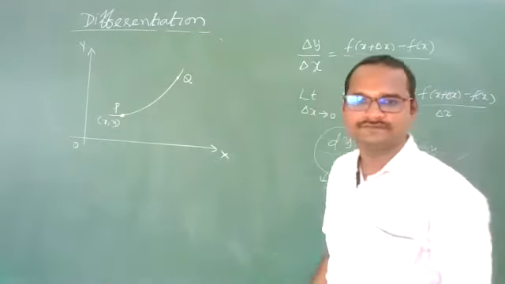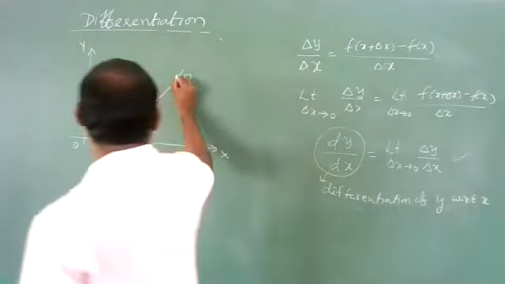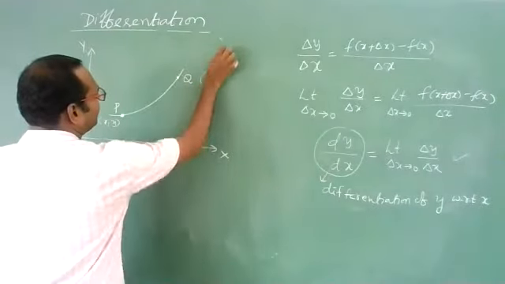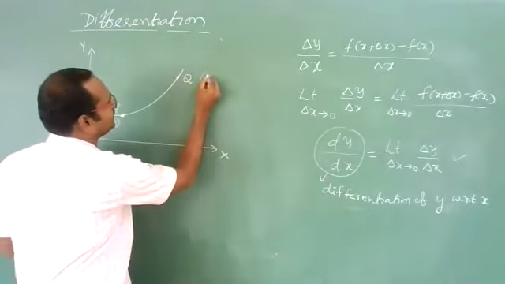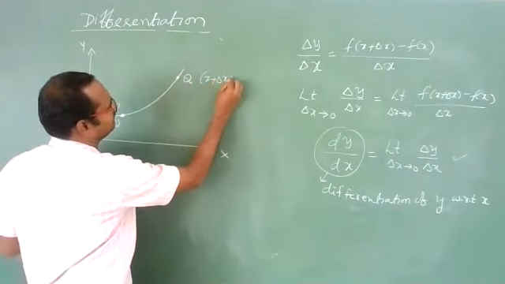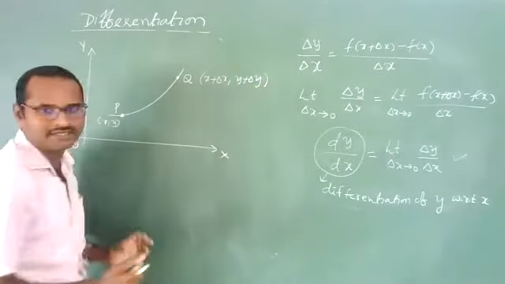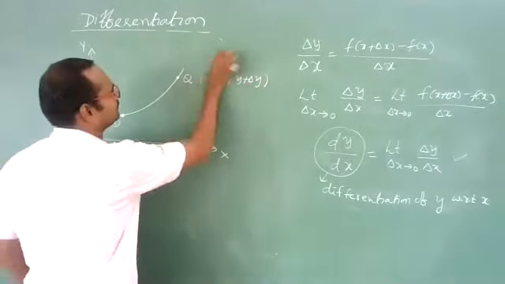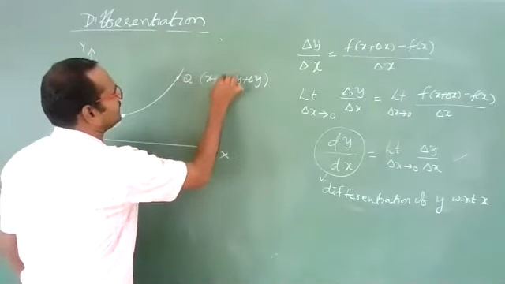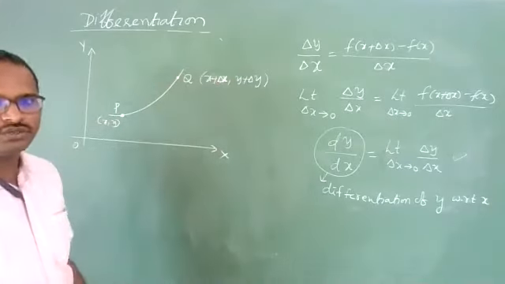That is the meaning. Clear? And point Q is at the location x plus delta x, comma y plus delta y. I hope you are understanding what I am saying. That is how I am giving the Q location.